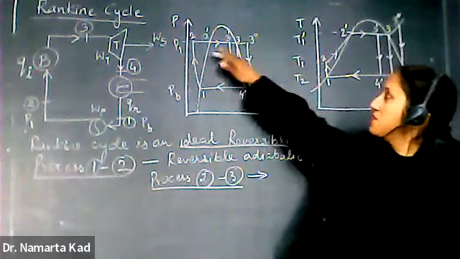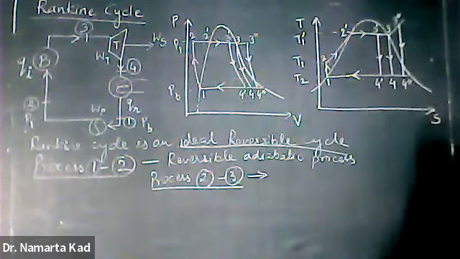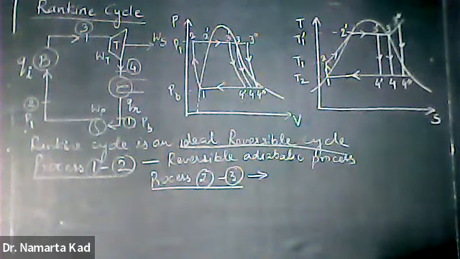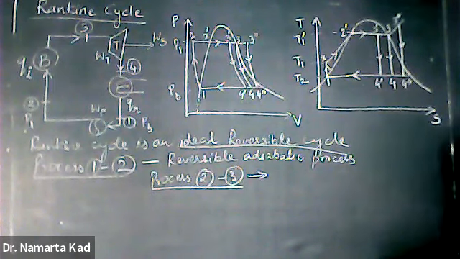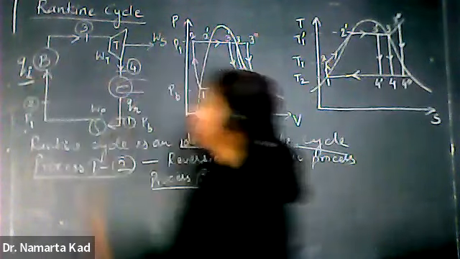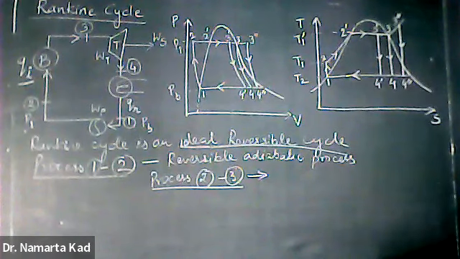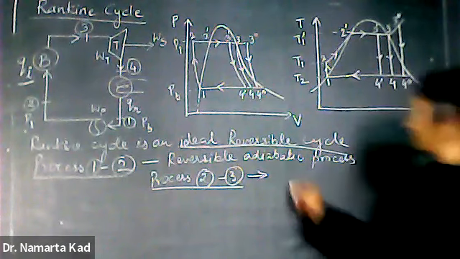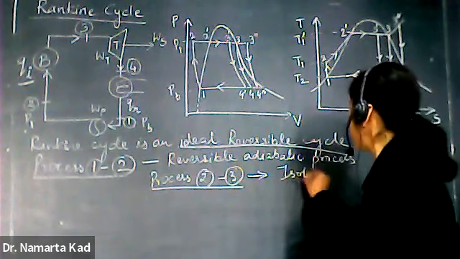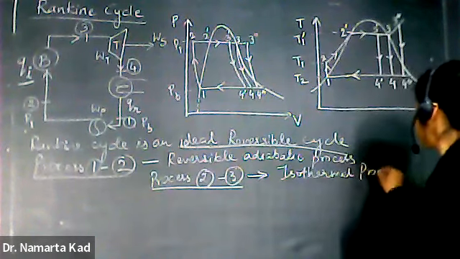The pressure remains constant and that is equal to P1, and the heat supplied during this process is QI. Okay, the heat supplied is QI, and this process is called the isothermal process.